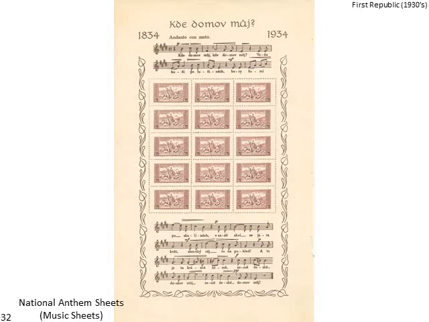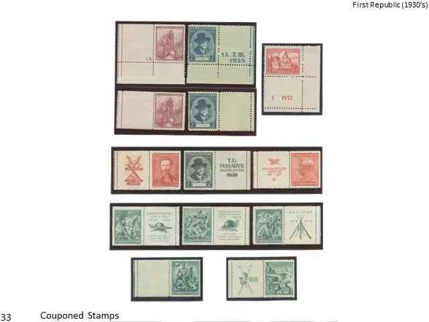These were the first Czechoslovak souvenir sheets. The definitive stamps issued at the same time as these sheets had the first Czechoslovak blank coupons associated with them. Coupons, blank or inscribed, became a staple of many Czechoslovak stamps throughout the rest of the 1930s.